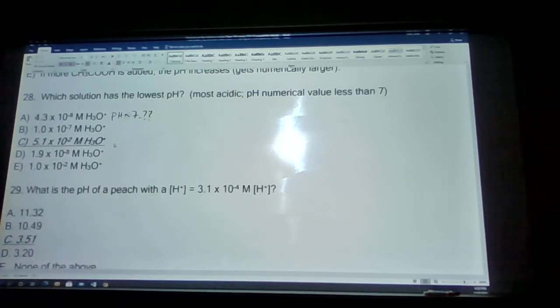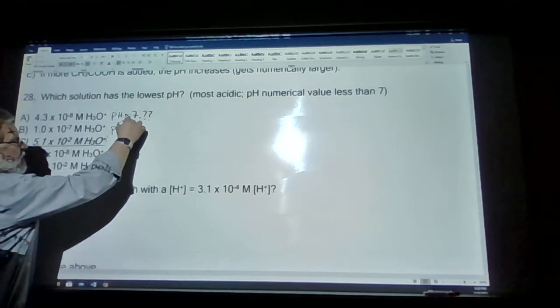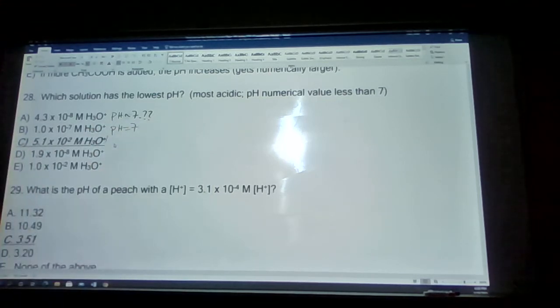If the first value is exactly 1.0, and you do the log base 10 of it, the exponent drops down and becomes the first value. So your pH here is exactly 7. Here, we have 1.9 times 10 to the minus 8. Since this is not 1.0, we do this mathematical logarithmic operation, it is 1 less than this.